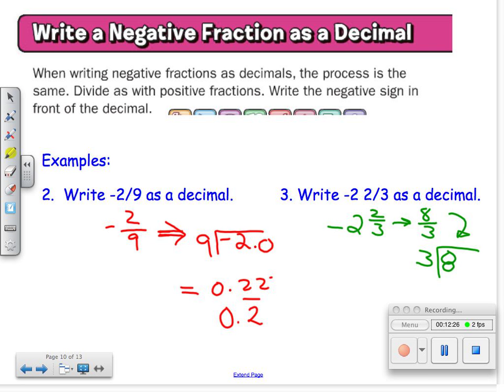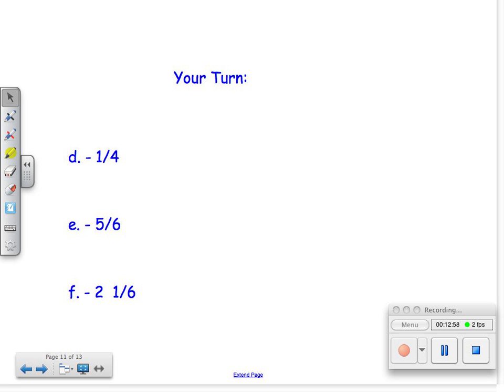So again, I take out my new best friend, my handy dandy calculator, clear it, and I say 8 divided by the denominator 3, and I get 2.66. Again, it shows that repetition across the screen of your calculator. So you will change that to 2.6 repeating.